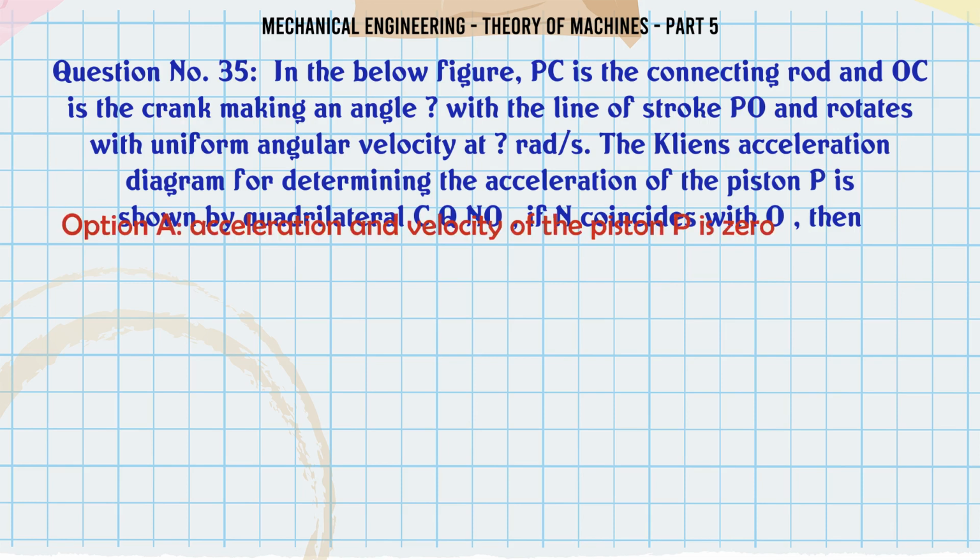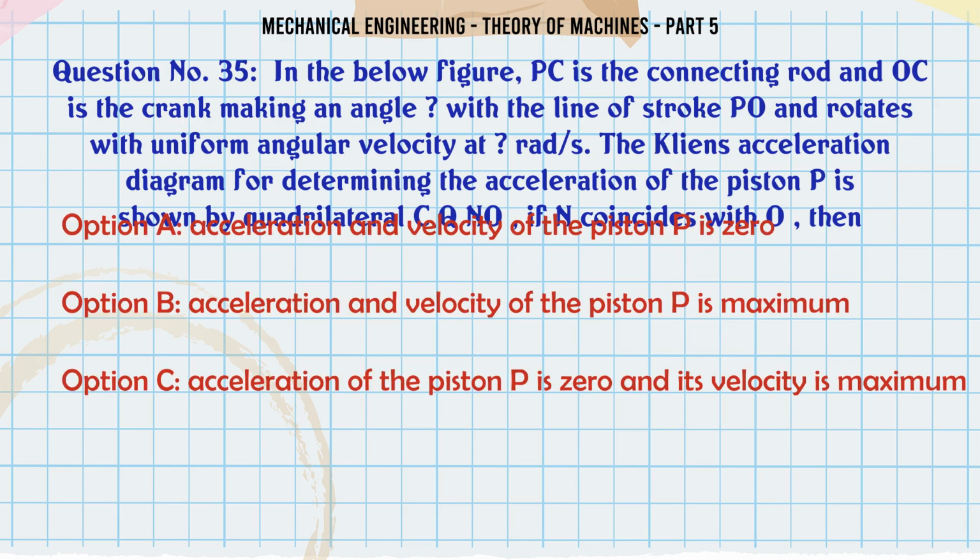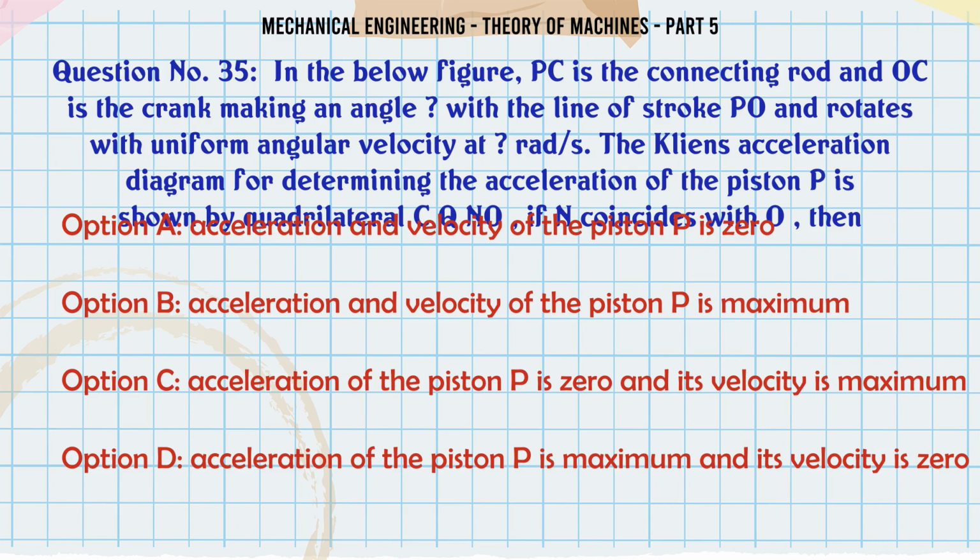In the below figure, PC is the connecting rod and OC is the crank making an angle with the line of stroke PO and rotates with uniform angular velocity ω rad/s. The Klein's acceleration diagram for determining the acceleration of the piston P is shown by quadrilateral CQNO. If N coincides with O, then A. Acceleration and velocity of the piston P is 0.